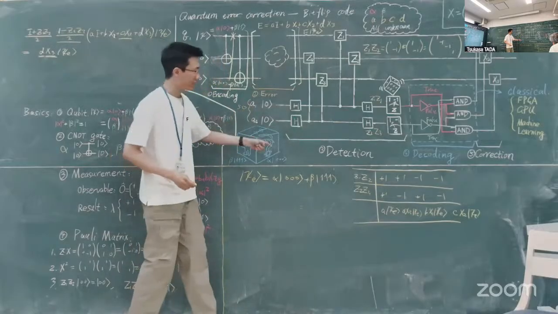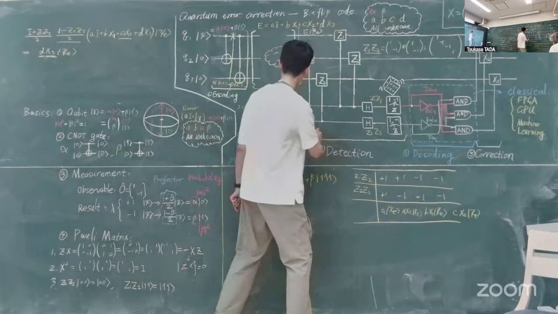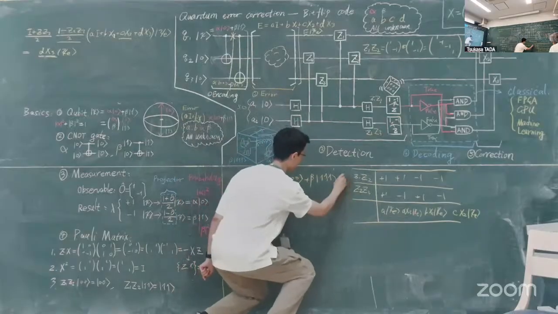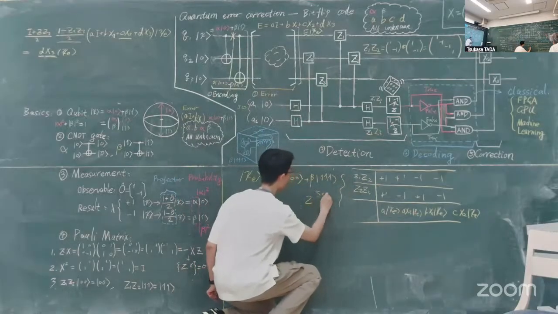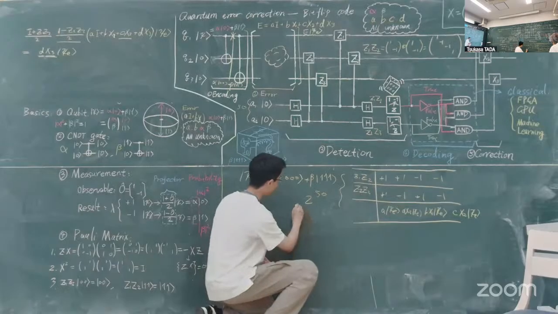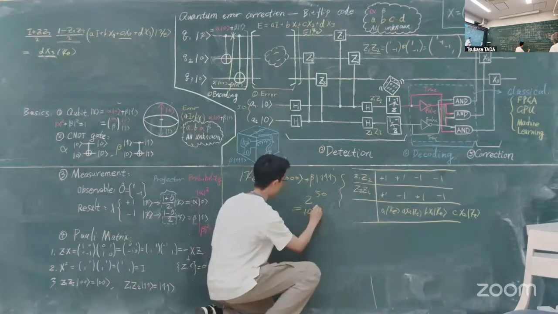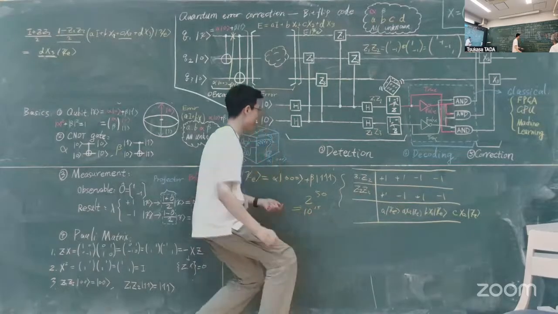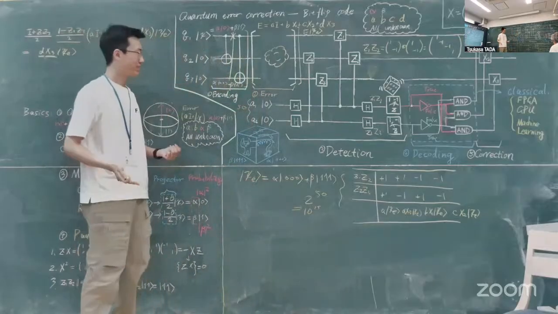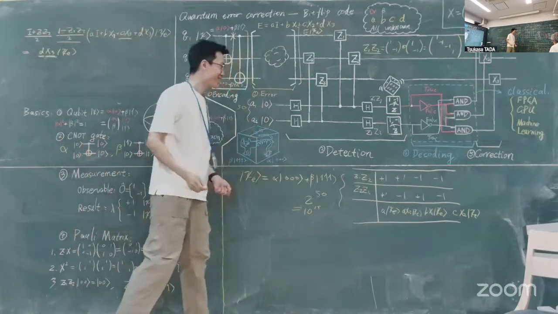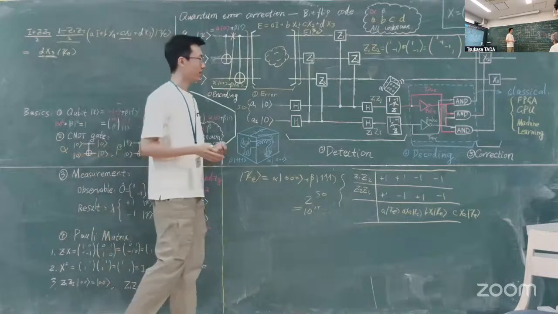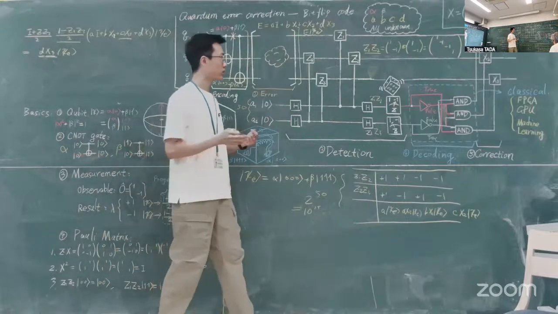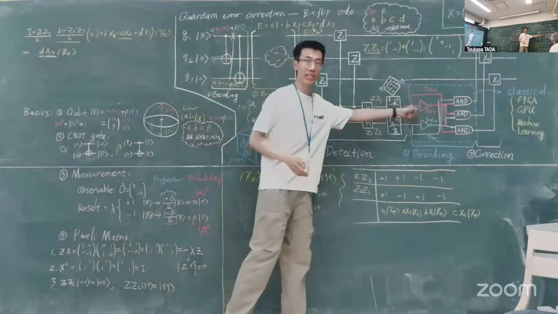So we will need a chart of 2^50 possibilities, which is around 10^15 possibilities. So you cannot even write this chart, right? So in practice, we need to dynamically calculate to determine what the error is.